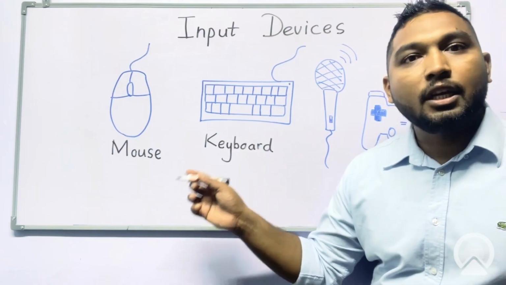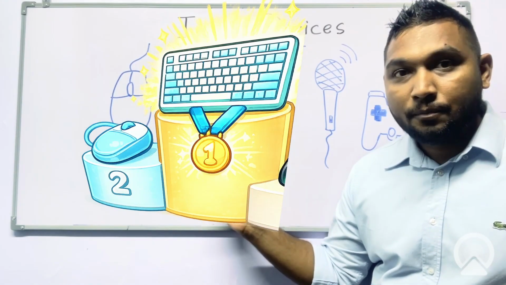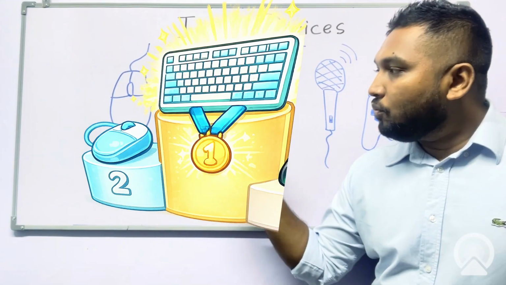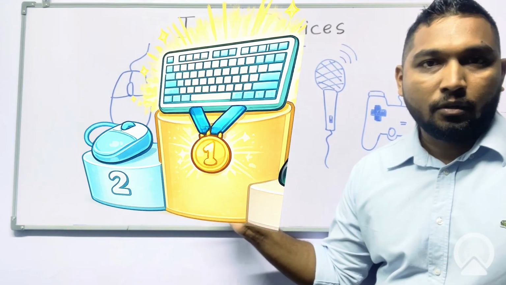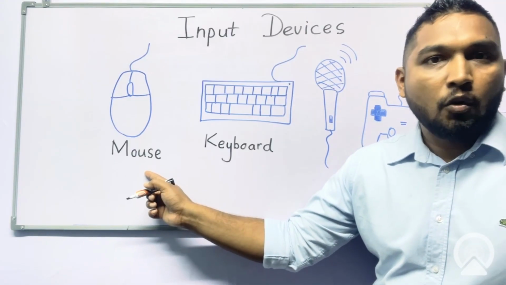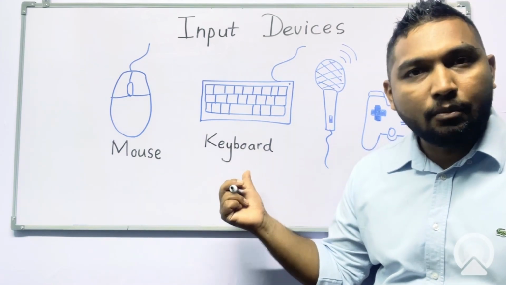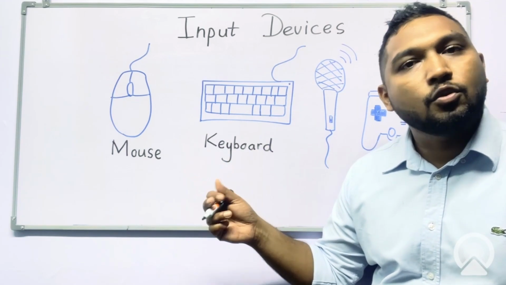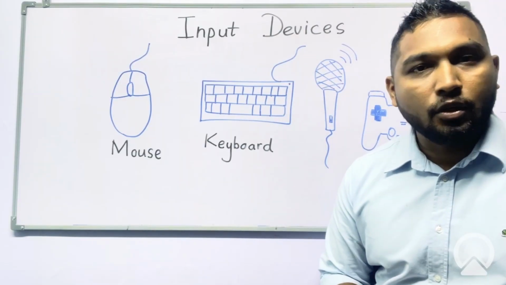The primary input device of the computer is keyboard, because just keep in mind we can work with the computer by connecting only a keyboard. Okay. That means if you connect only the mouse, you won't be able to do all the things done by a computer. But if you connect the keyboard, yes, even without a mouse, you can continue to work with the computer. So keep that thing in your mind.